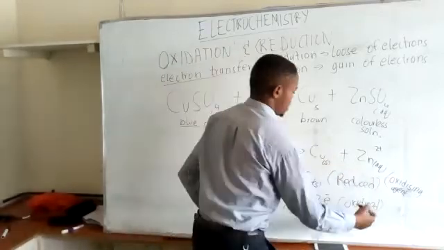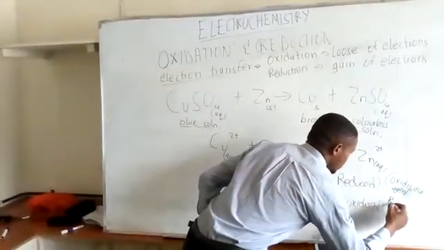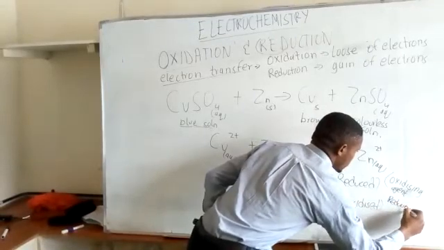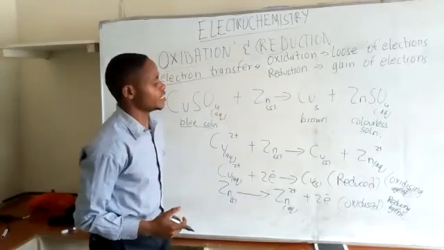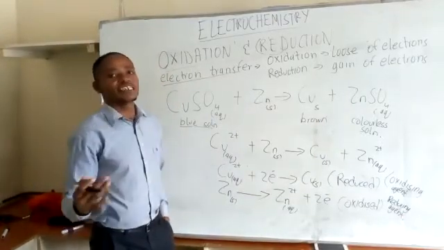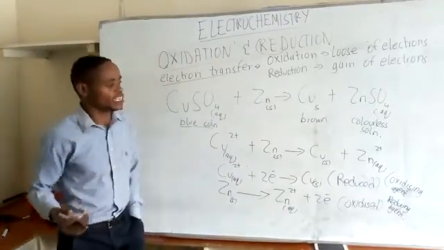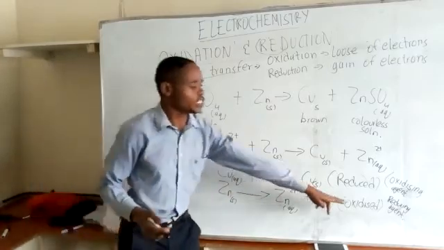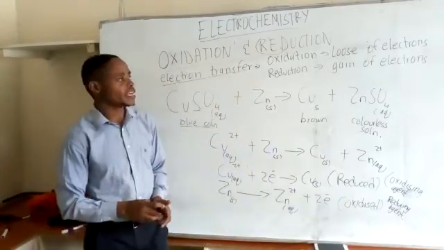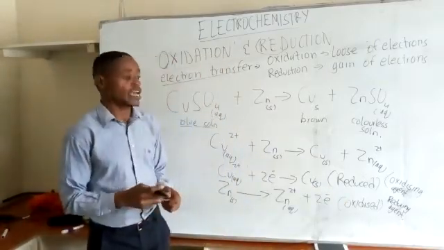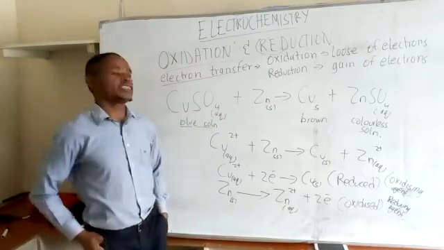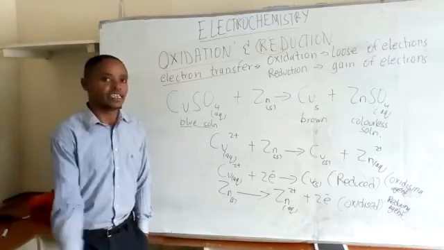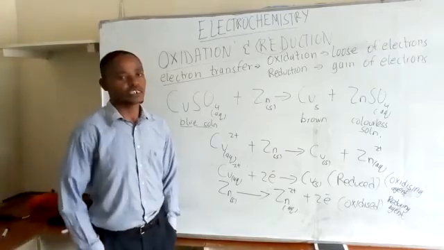The same case for the other one, which is now the reducing agent. The oxidizing agent is that substance that easily gains electrons, while the reducing agent is that substance that easily loses electrons in a reaction. Next we're going to look at the oxidation numbers and rules of assigning the oxidation number. Thank you.